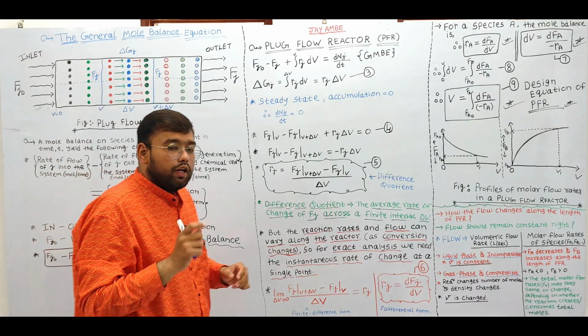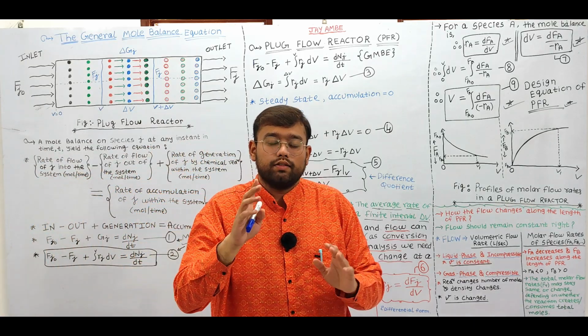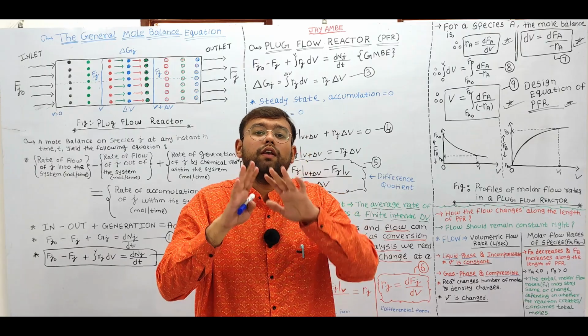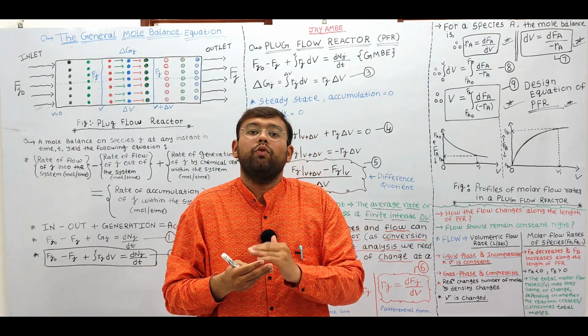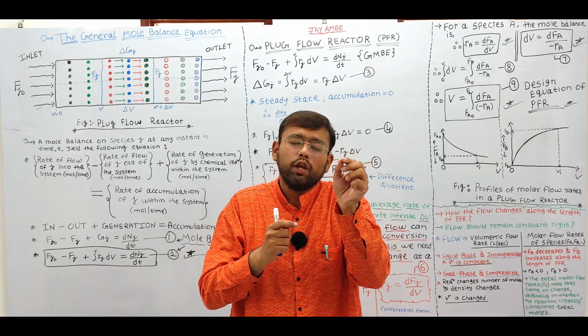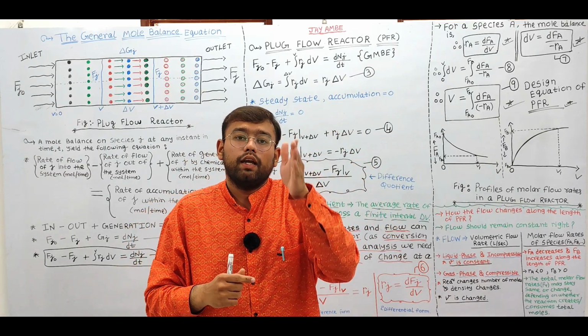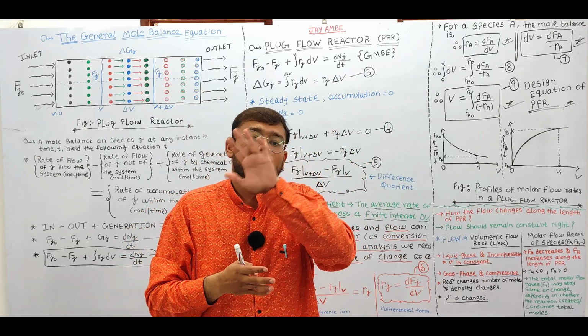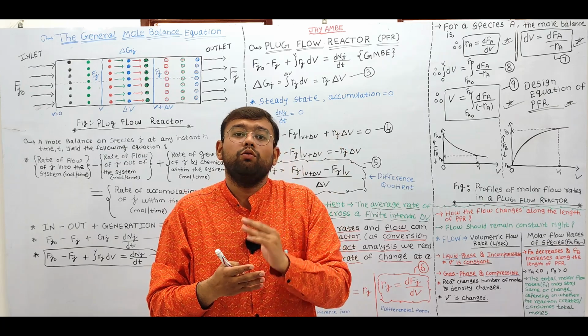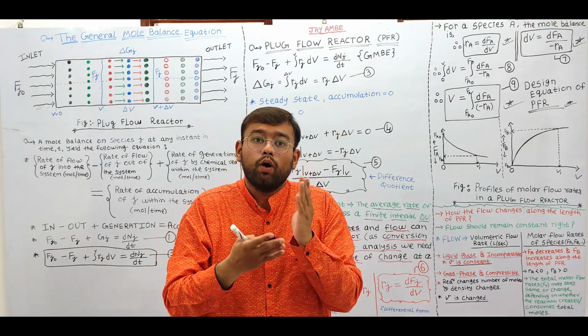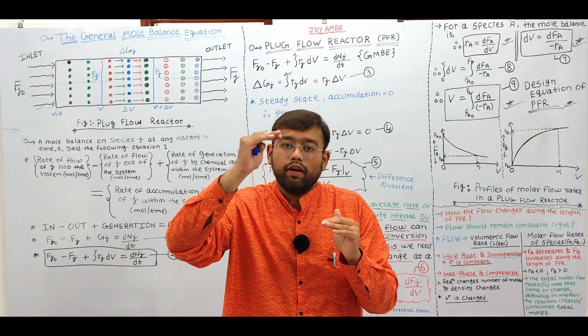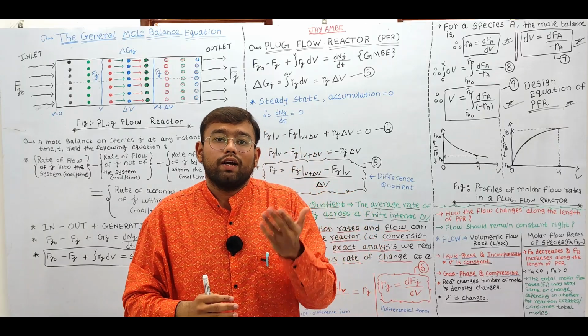Same example: the entire reactor volume is 10 liters, and now we divide it into infinitely small parts. Let's say we divide the 10 liters into 1 lakh parts. So if we do 10 divided by 1 lakh, what answer will we get?